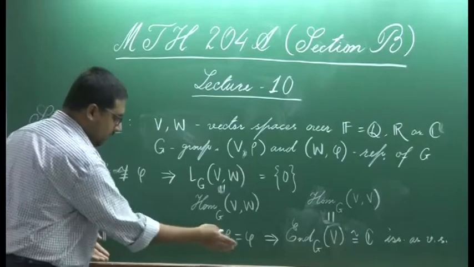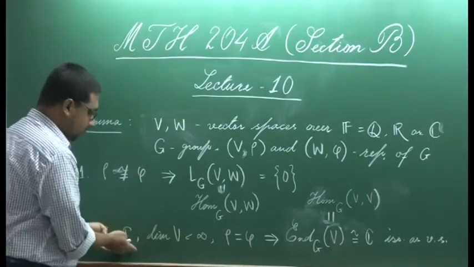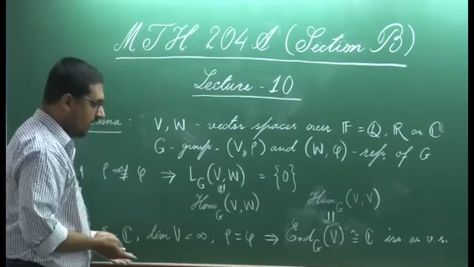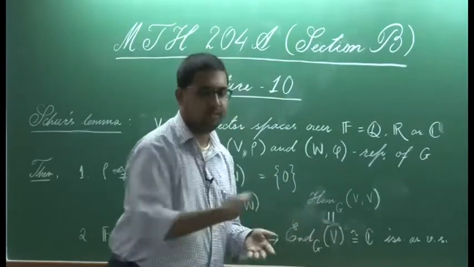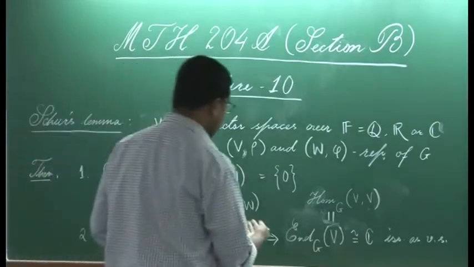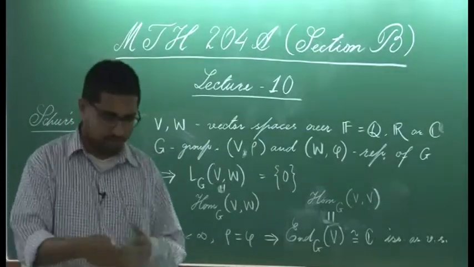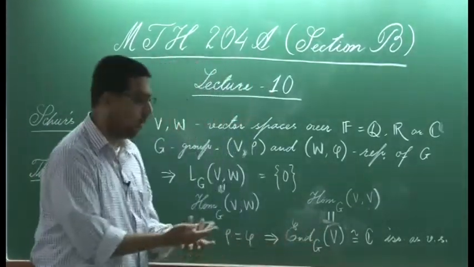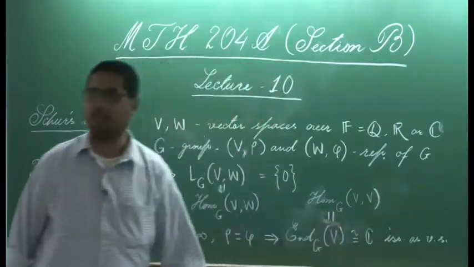On the other hand, if the spaces are equal, provided the field is algebraically closed, for example C, and the dimension is finite, then Hom_G(V, V), the vector space of all G-invariant linear maps from V to itself, which is also written as the space of all G-invariant endomorphisms of V, is isomorphic to C as a vector space.